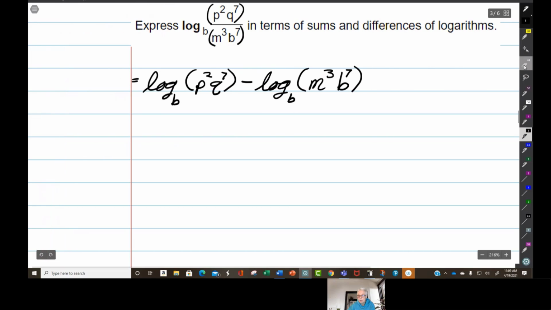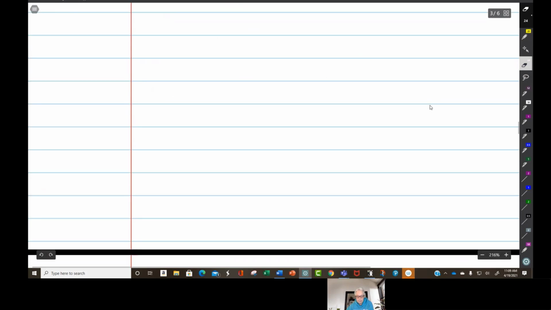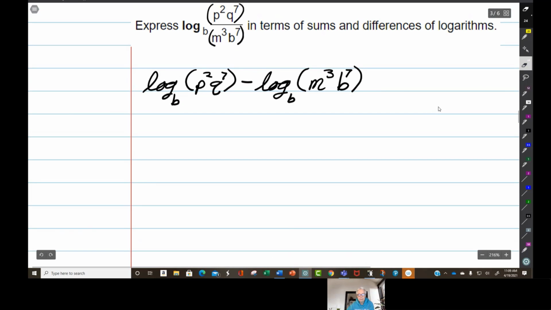I'm going to erase this equal sign. And I want to write the rule that I've used every time. How much room do I have? Oh, I've got lots of room. Okay, so I have p squared times q to the 7th. So actually, I'm going to do this.